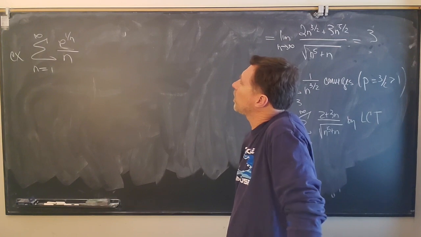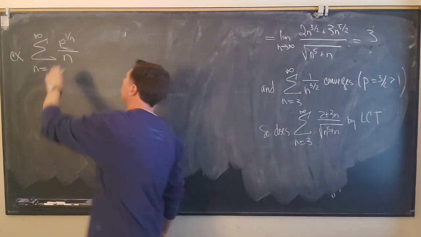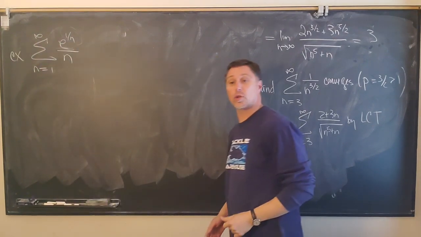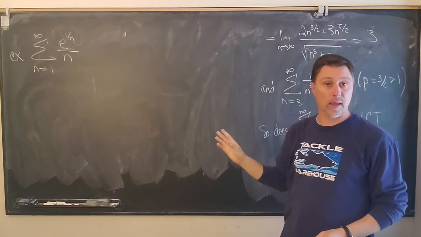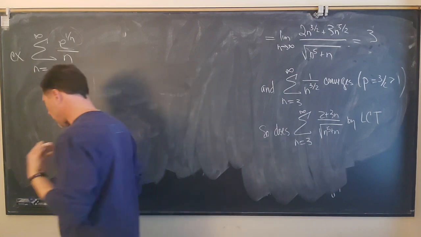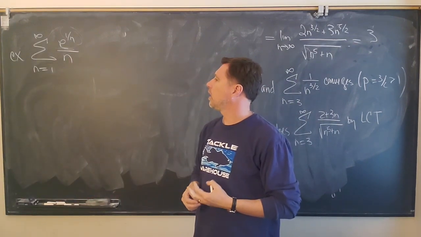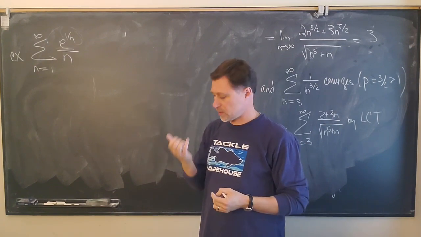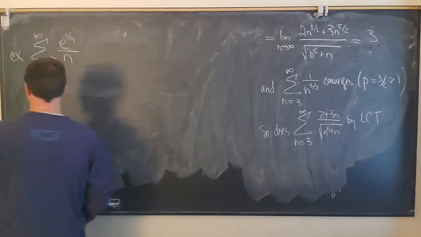Well, e to the 1 over n, as n gets larger and larger, this exponent is approaching 0, which means the numerator is getting closer and closer to 1. So this one is going to behave like 1 over n, which means it probably is going to diverge. You always want to have an educated guess on what your series is going to do before you even get started. So I'm going to use the limit comparison test.